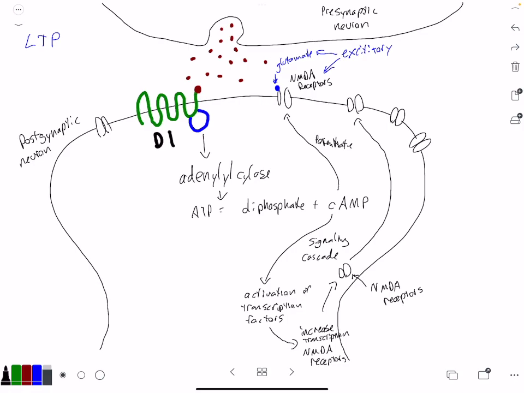And this increase, this uptick in transcription and migration of NMDA receptors to the membrane can be long-lasting, right? And this is one of the fundamental foundations of our modern theory of the neural basis for learning and memory, this long-term potentiation.